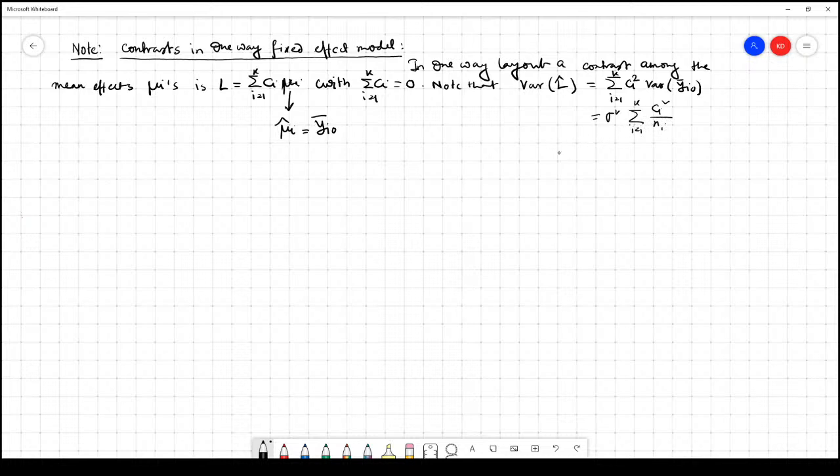And since sigma square is unknown, I denote this variance of L hat by sigma L square, and we estimate sigma square by MSE. So the estimated sigma L hat square is equal to MSE into sum over I from 1 to k Ci square by Ni.